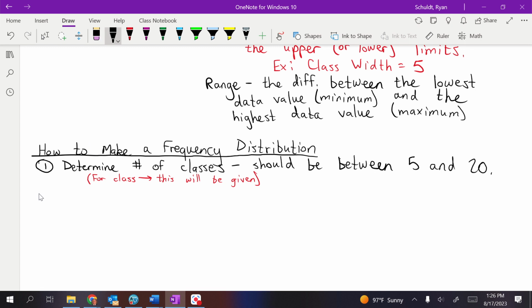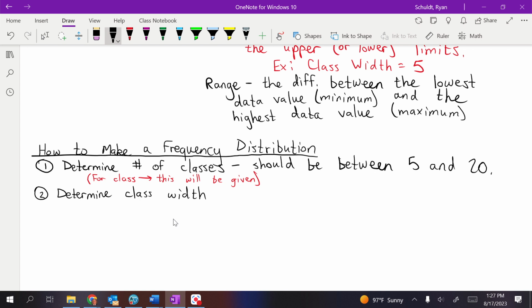Okay, step 2. We need to determine the class width. On that red sheet I gave y'all, that actually has the formula for class width.